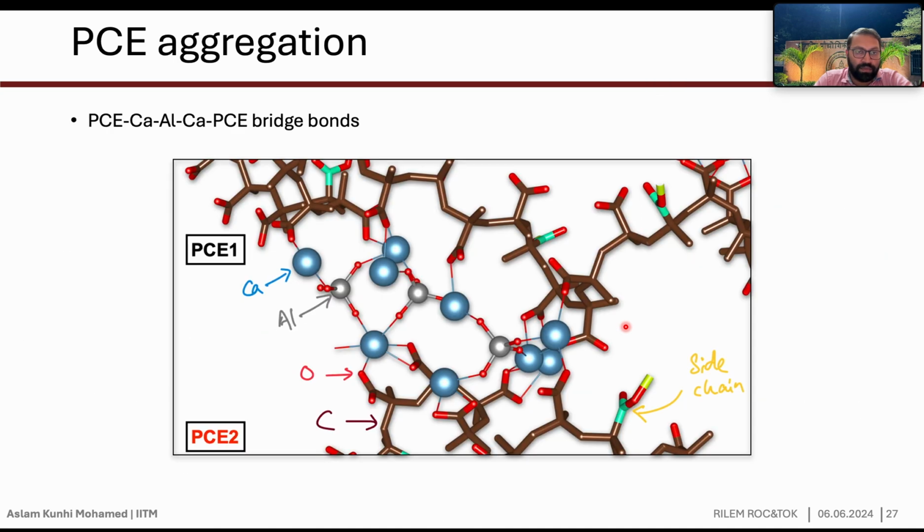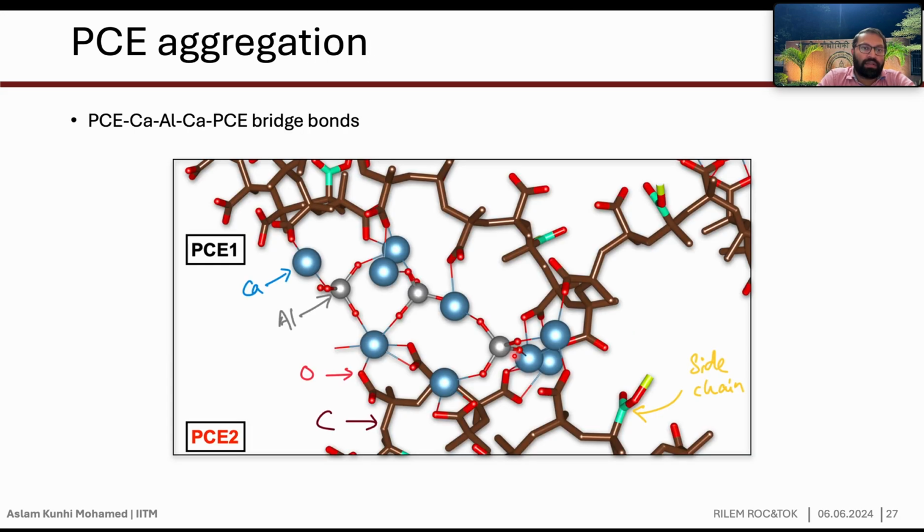To confirm such a hypothesis, we put two PCE polymers in a simulation box and tried to see whether they would come together and form an aggregate in the presence of aluminum.